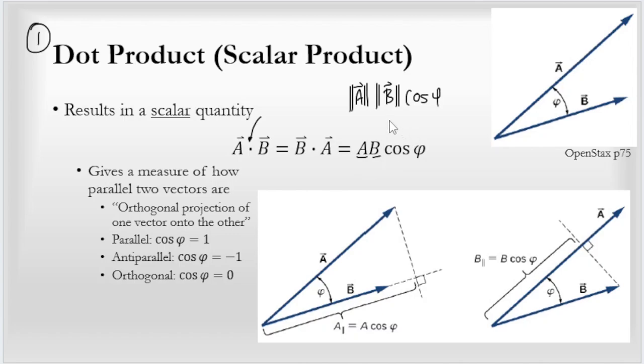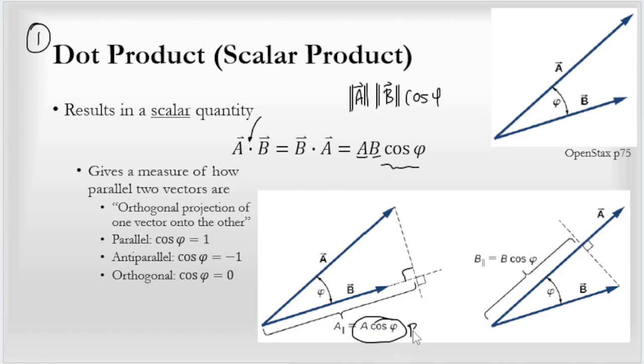What does a dot product tell us? A dot product tells us how parallel two vectors are, because of this cosine dependence. The technical definition of a dot product is the orthogonal projection of one vector onto another, and that's what the pictures at the bottom show. In the first one on the left, it's projecting A down onto B at a right angle, and this is the length of that vector.